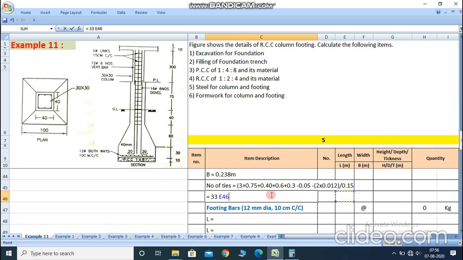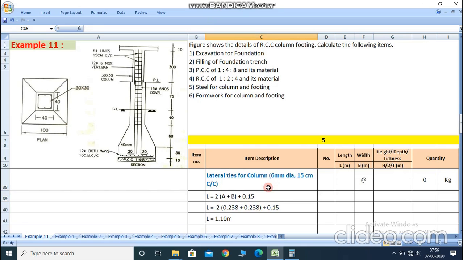Thirty-three numbers of is equal to 33 numbers. Clear? Now we write here number is 33. Length of the stirrup we calculated here 1.10.